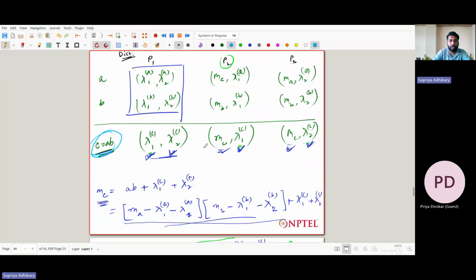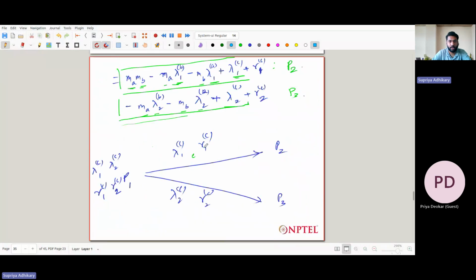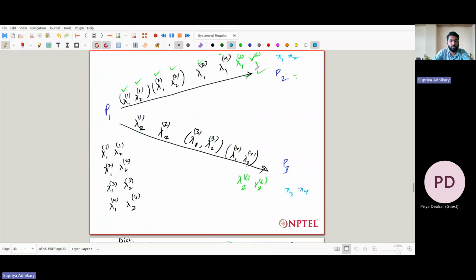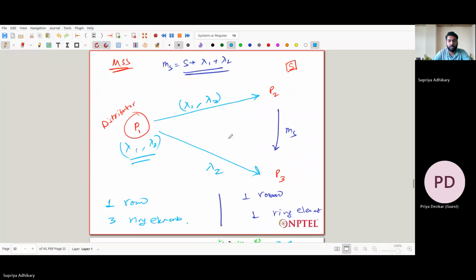The P2 and P3 do not have to communicate, because P2 and P3 already had all these shares: MA, MB, lambda 1B, all these shares. So therefore, they don't have to communicate for evaluation, but they have to communicate for sharing. So at the sharing stage, if P2 has the share S, then P2 has to communicate one ring element to P3.